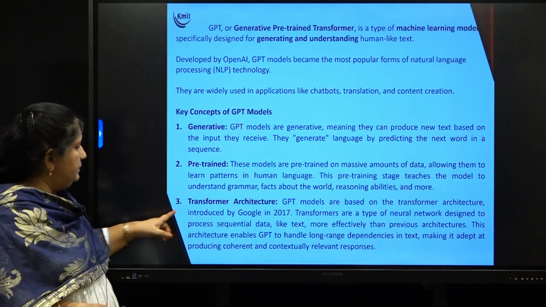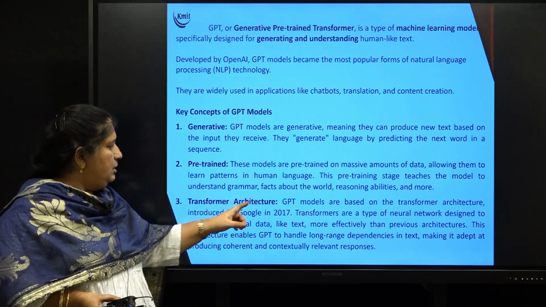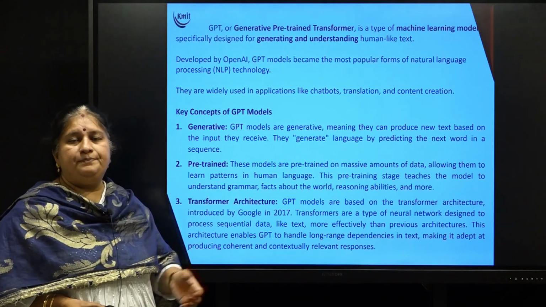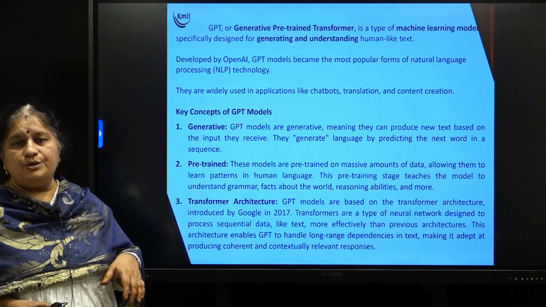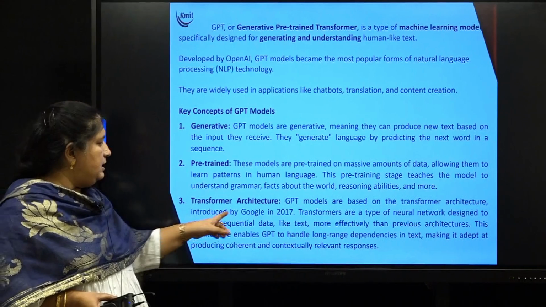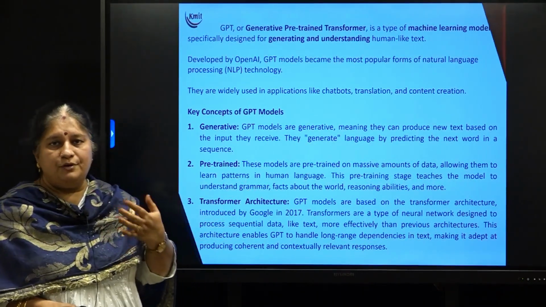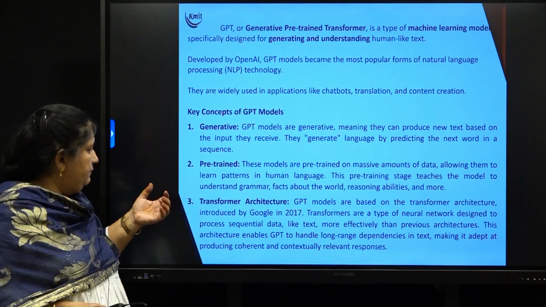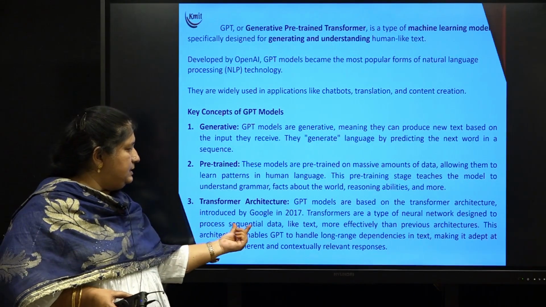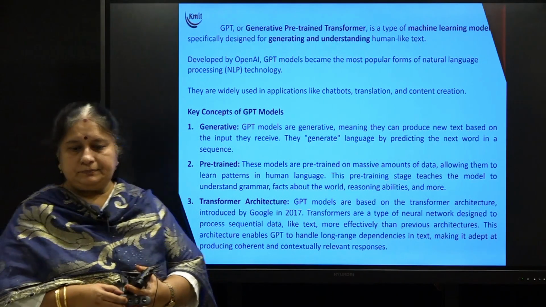Apart from this, what is the third term under GPT? Transformer architecture. What is transformer architecture? This transformer architecture was introduced in 2017 by Google. What is a transformer? It's a type of neural network which helps to process sequential data. What do we mean by sequential data?